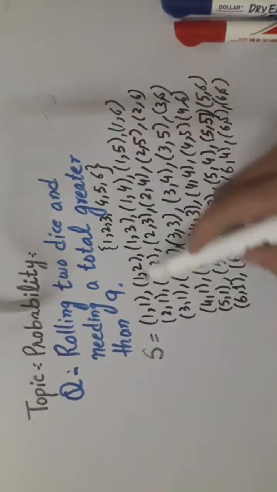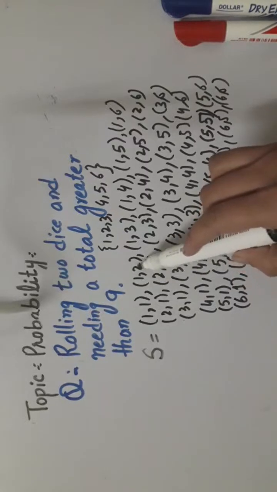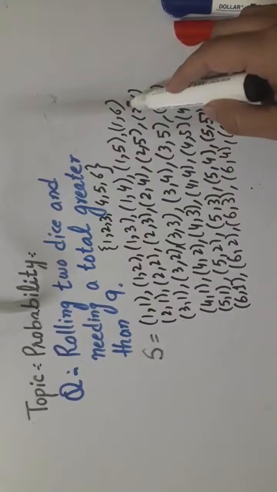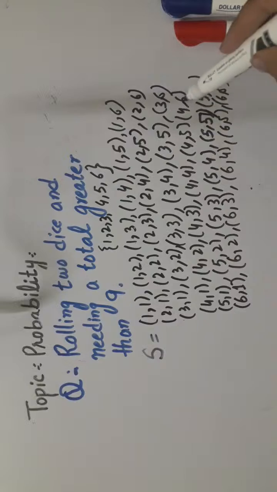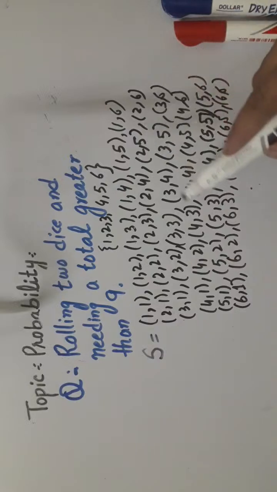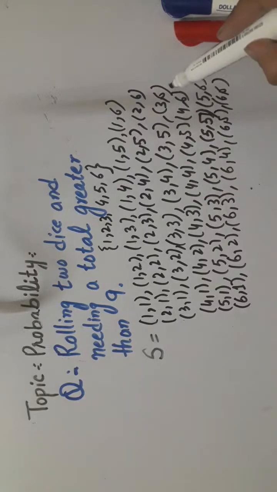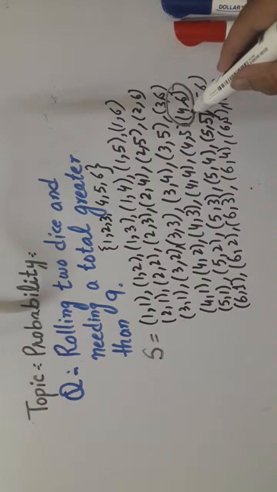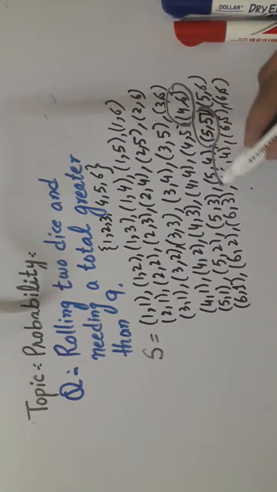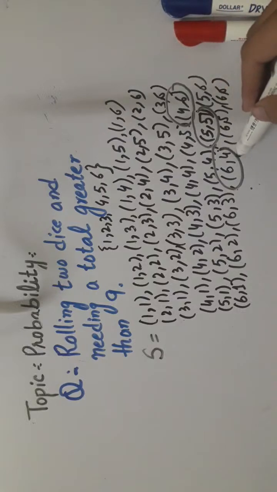So first of all, 1 plus 1 is 2, 1 plus 2 is 3, 1 plus 3 is 4, and greater than 9 means the sum is 10 or more. So the sum will be 10 when we have 4 and 6, because this is 10, and 5 and 5, 6 and 4. These three have a sum greater than 9.